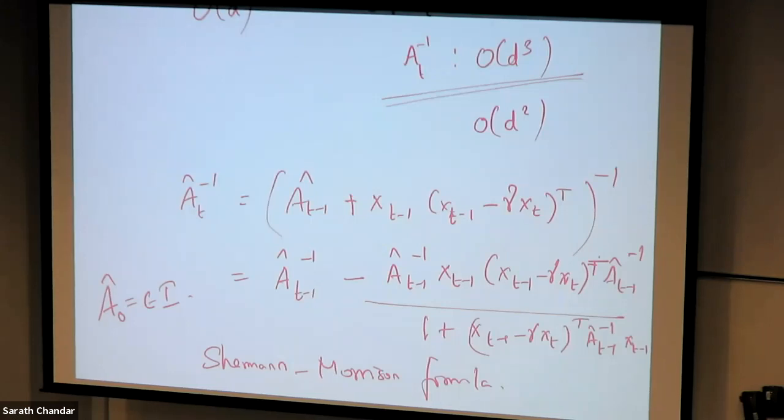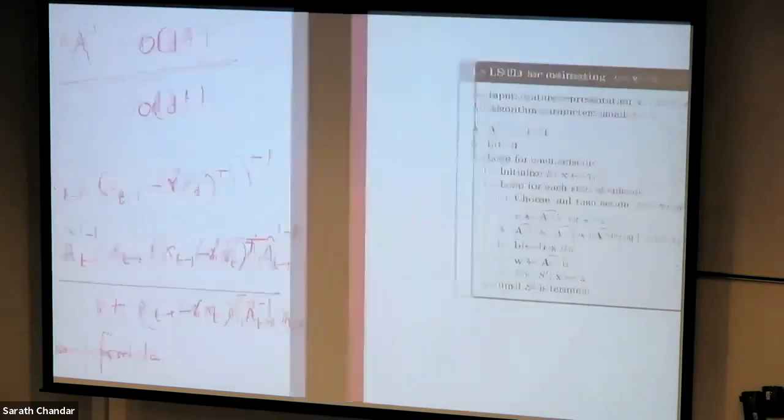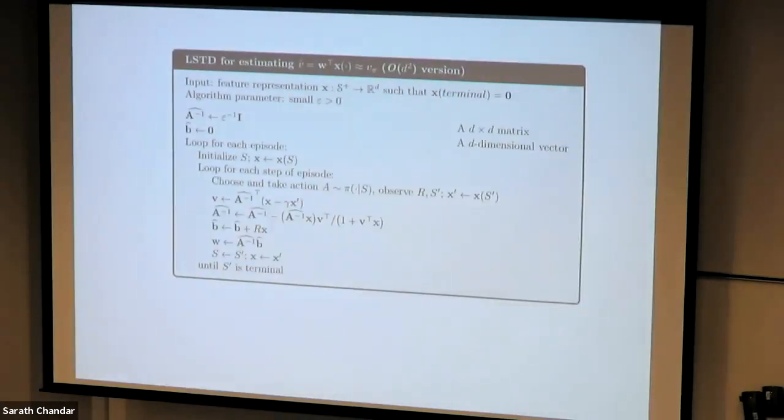Now, there are many variations of LSTD where you can try to bring in the forgetting aspect and so on. But probably we will not talk about that in this course. If you're more interested in LSTD, you can read more about it. But here is the algorithm as a summary.